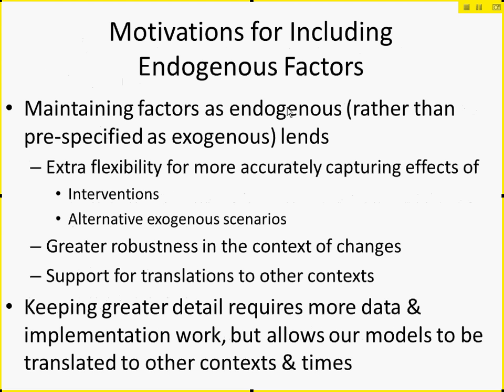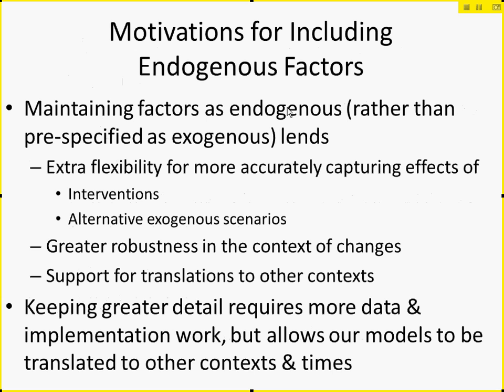of this particular model. And I argued that there are some real trade-offs when it comes to choosing what goes where in those 3 categories. So maintaining factors as endogenous rather than simply exogenous or ignored gives us extra flexibility for capturing certain effects. The fact that we can reflect certain types of processes within the model allows us to ask what-if questions that involve alternative scenarios involving those processes.